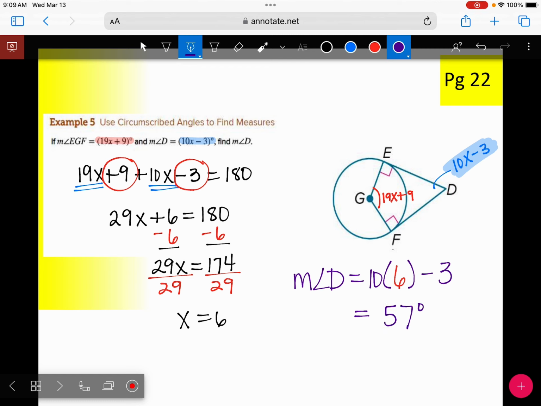Who got 57 degrees? All right, so the main thing, to me, it looks like a party hat. Back when I was young, we used to wear these little paper party hats. Whenever I see this, it reminds me of a party hat. So the angles opposite of the party hat equal 180. Or a pizza slice.